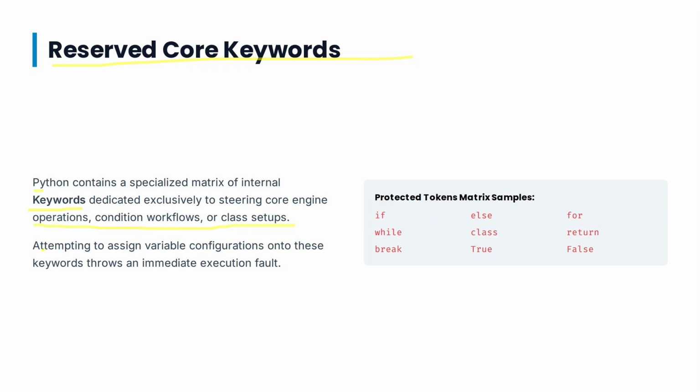Attempting to assign values to these keywords fails. So these are the reserved keywords which cannot be used as variable names, such as if, else, for, while, break, class, True, return, False. These cannot be used for naming a variable.